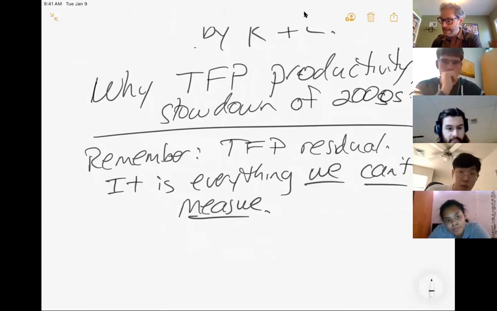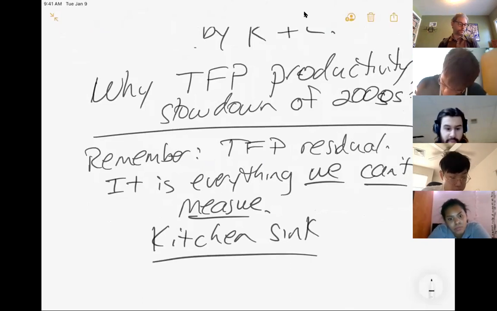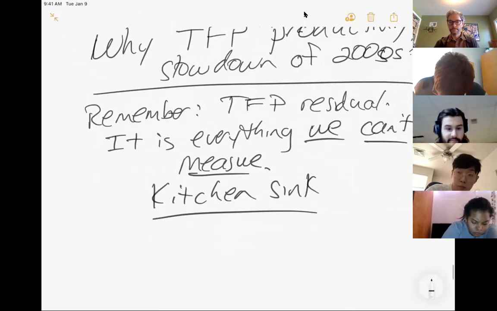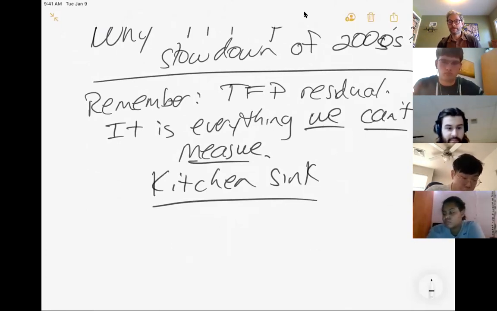It is a kitchen sink measure. And so economists are working on trying to understand this. But we still don't quite understand why productivity was lower during the 70s, let alone why productivity is slower today.